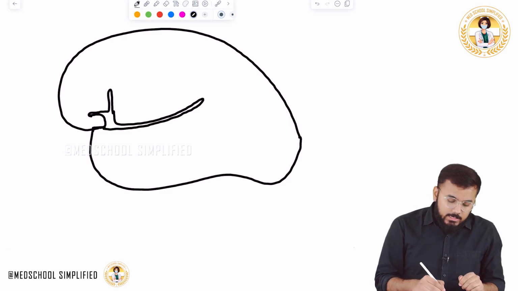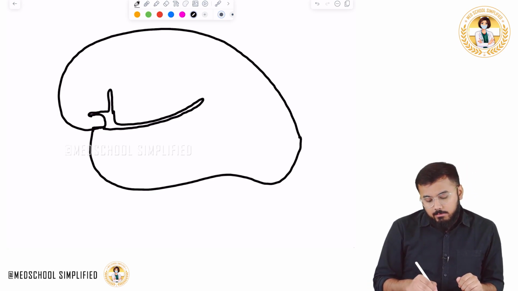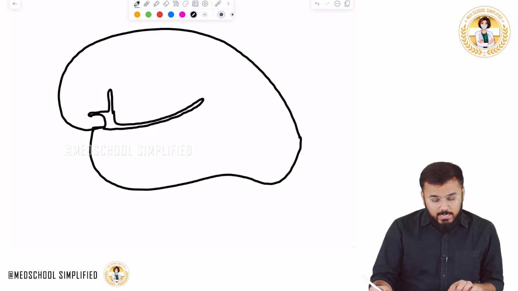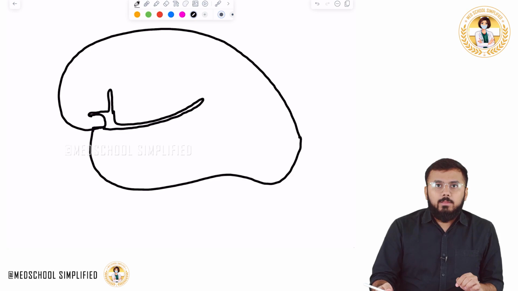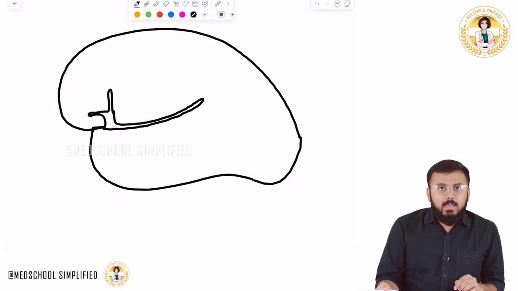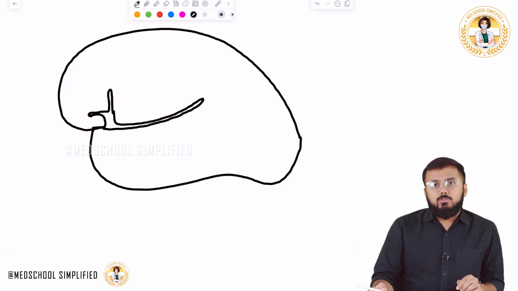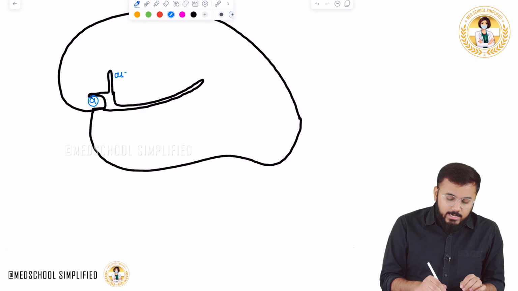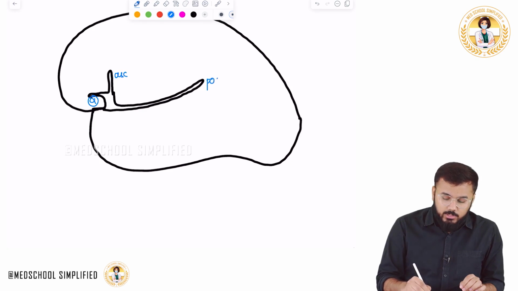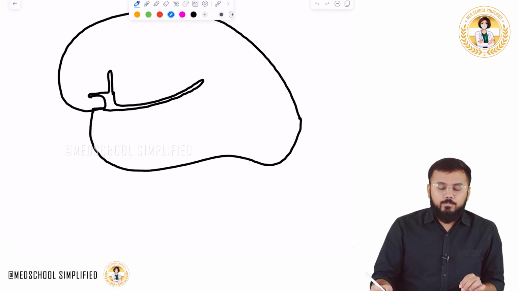One ramus is anteriorly present, one ramus is ascending up, and one ramus is posteriorly present. This one is your anterior horizontal ramus, this is your ascending ramus, and this is your posterior ramus. So these are the rami which you basically have.